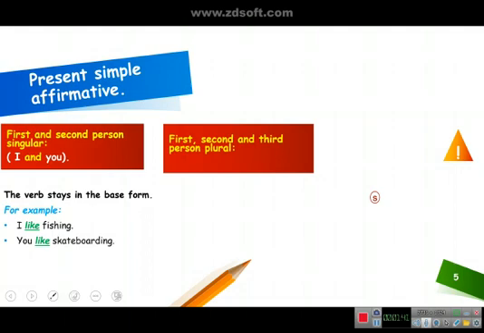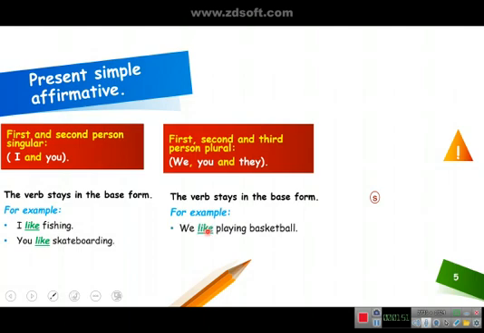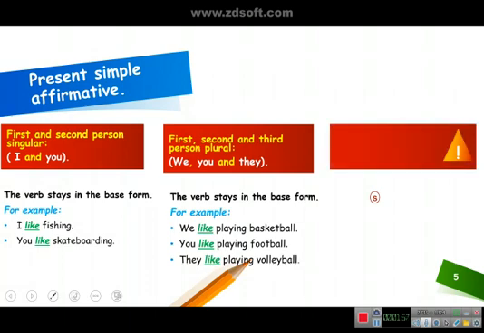For the first, second, and third person plural forms, we, you, and they, the verb also stays in the base form. For example, we like playing basketball, you like playing football, they like playing volleyball. Be careful.